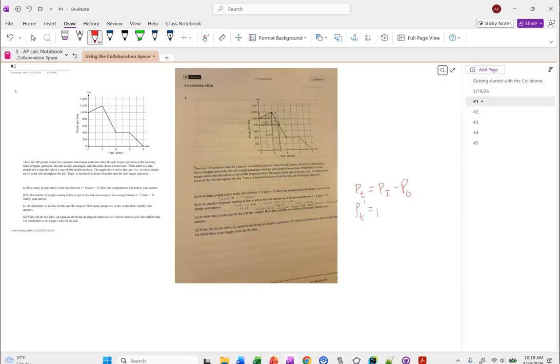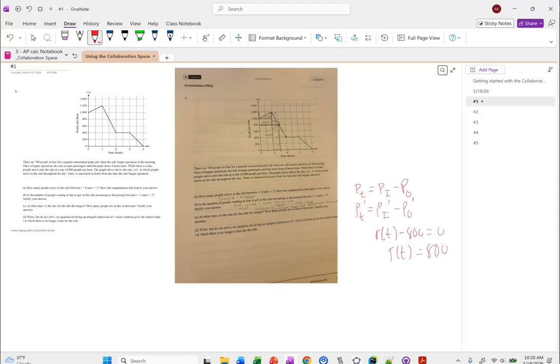So if we're looking at increasing or decreasing, we take the derivative, which distributes across the negative, and the rate of people in line is r of t, and the rate at which people are removed from line is 800.